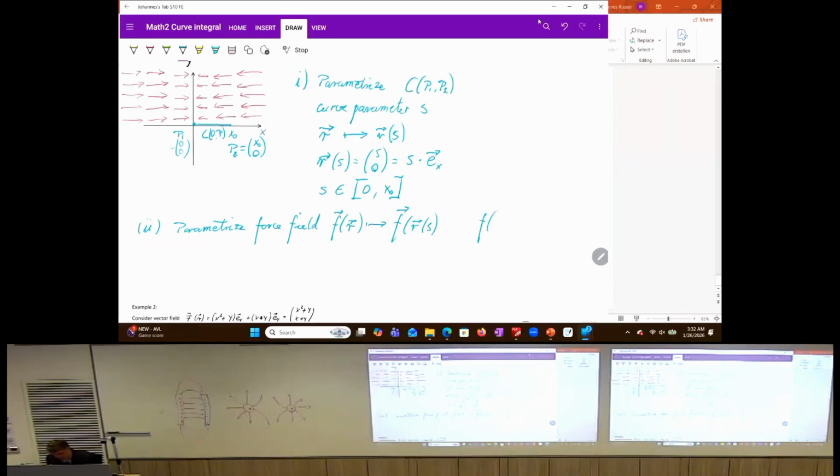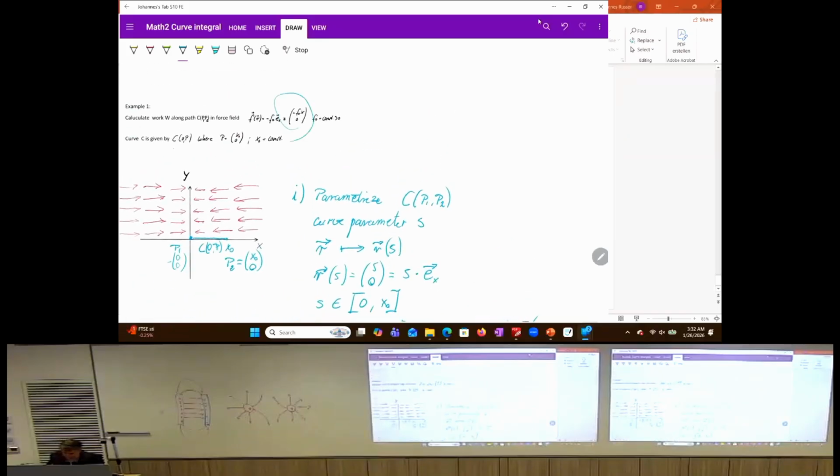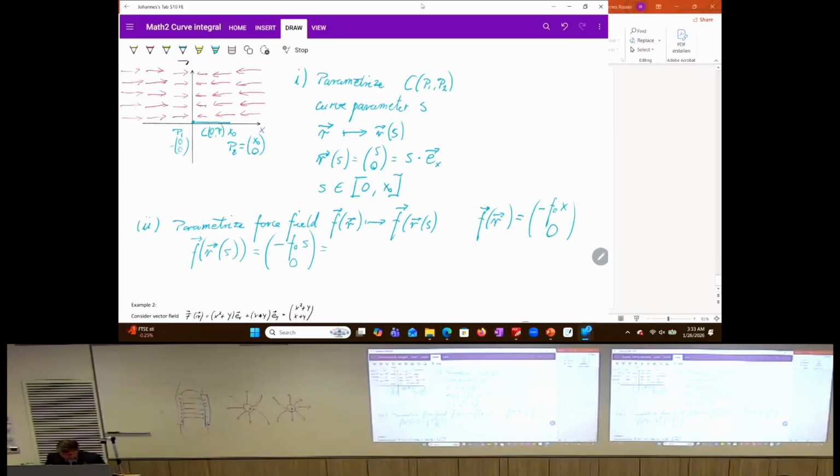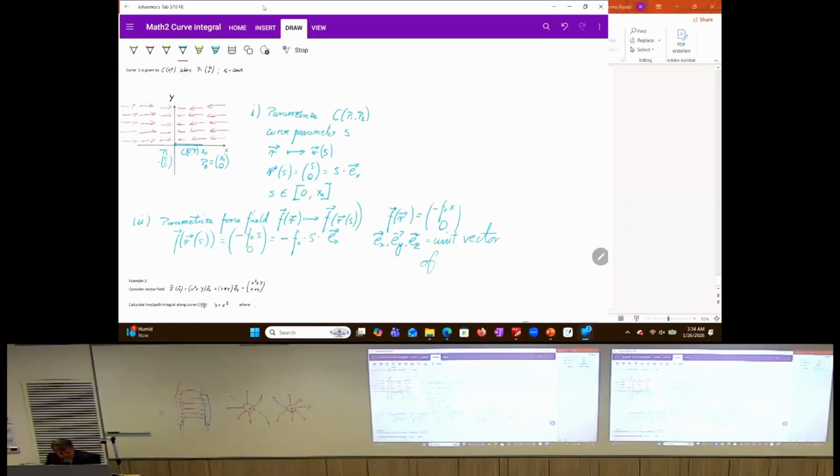And the f of r, as we have given here, is basically our constant times x. So we insert now for the vector r the parameterized version of the curve. This is minus f naught times s times the unit vector in x direction. So remember ex, ey, and ez each is a unit vector of our Cartesian coordinate system.